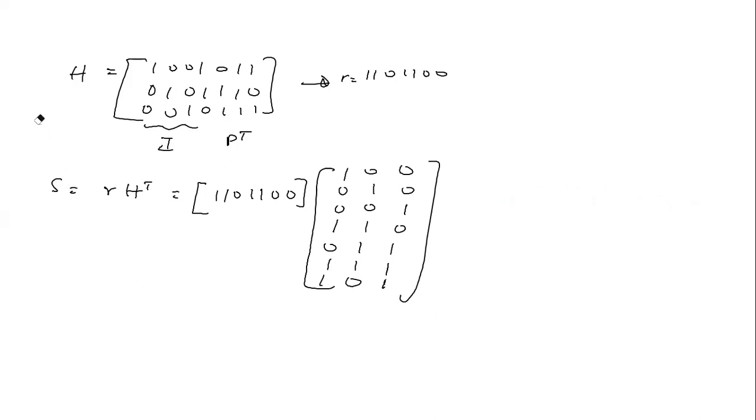Sorry for that. I'd love it to be on one line. So we have 1 times 1 plus 1 times 0 plus 0 times 0 plus 1 times 1 plus 1 times 0 plus 0 times 1 plus 0 times 1.